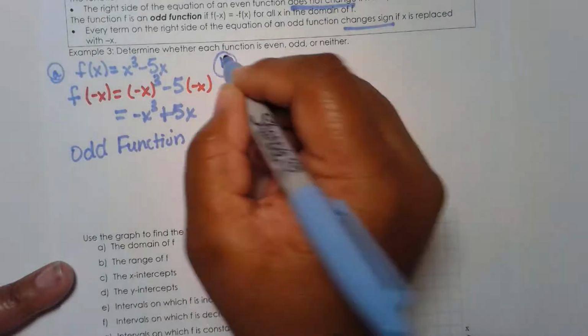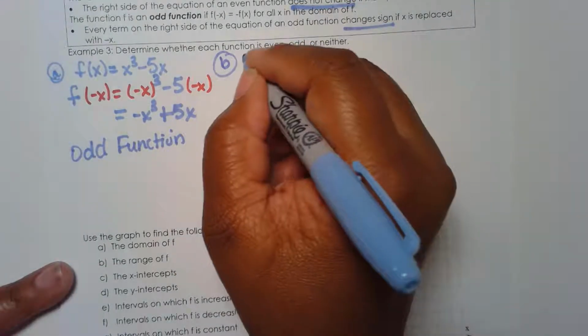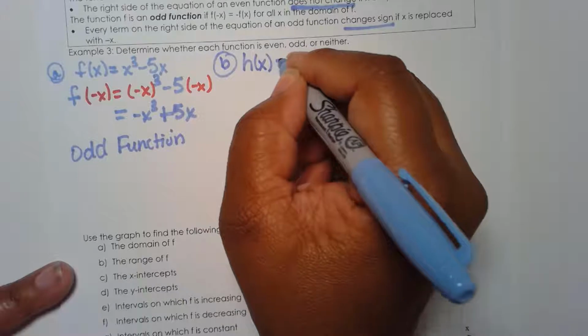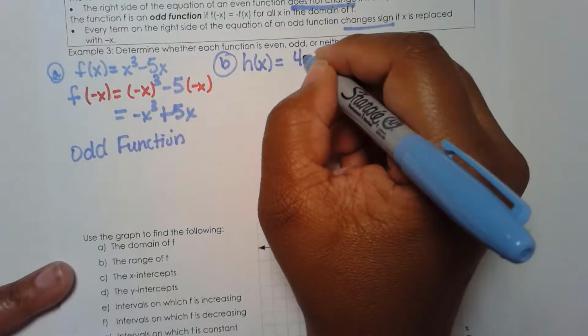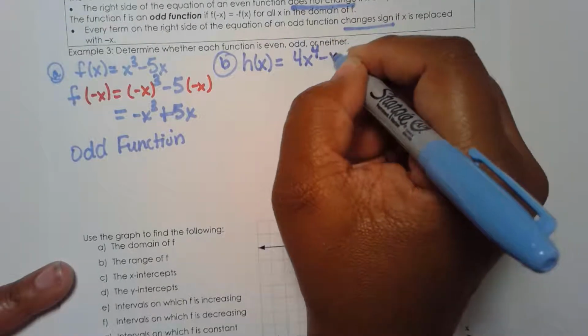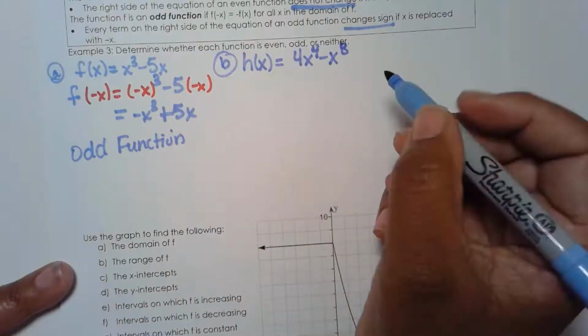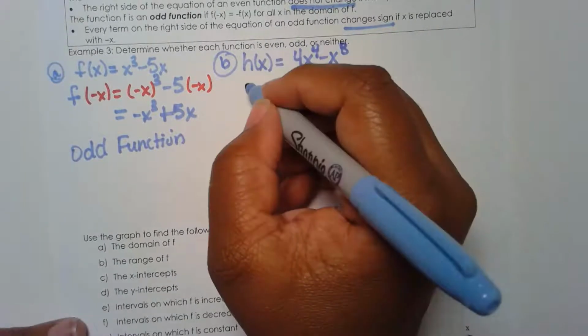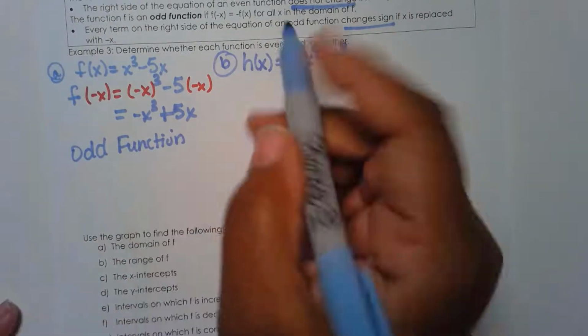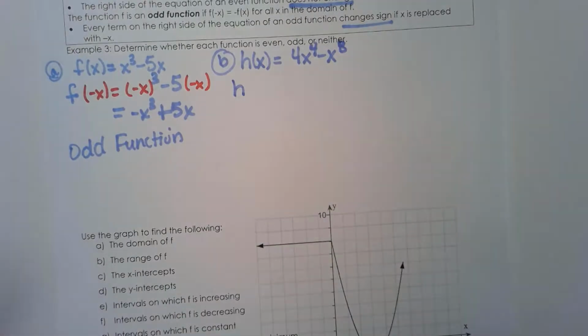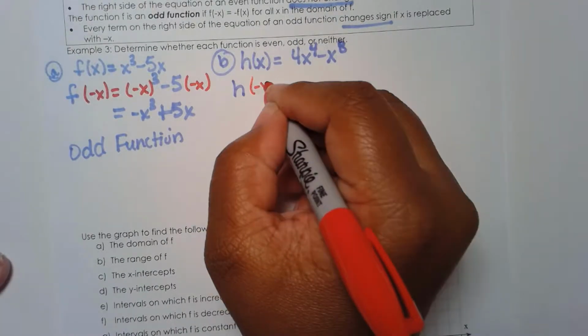B, we have here h of x is equal to 4x to the fourth minus x to the eighth power. So we're going to replace x with negative x.